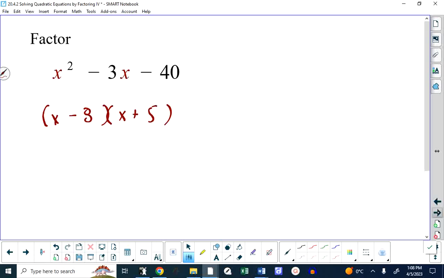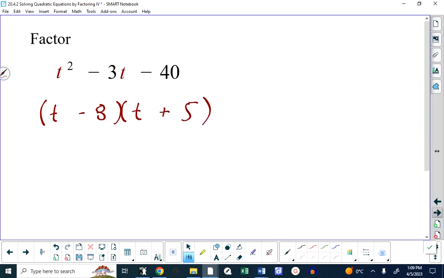I'm not saying x equals negative 5 and x equals positive 8. It's not equal to 0. We're not solving it. I'm just talking about factoring. I don't think anybody would be thrown off if I said, factor that. Ooh, it's not x, it's t. That's pretty easy. It would be t minus 8, t plus 5, right? Does that make sense?